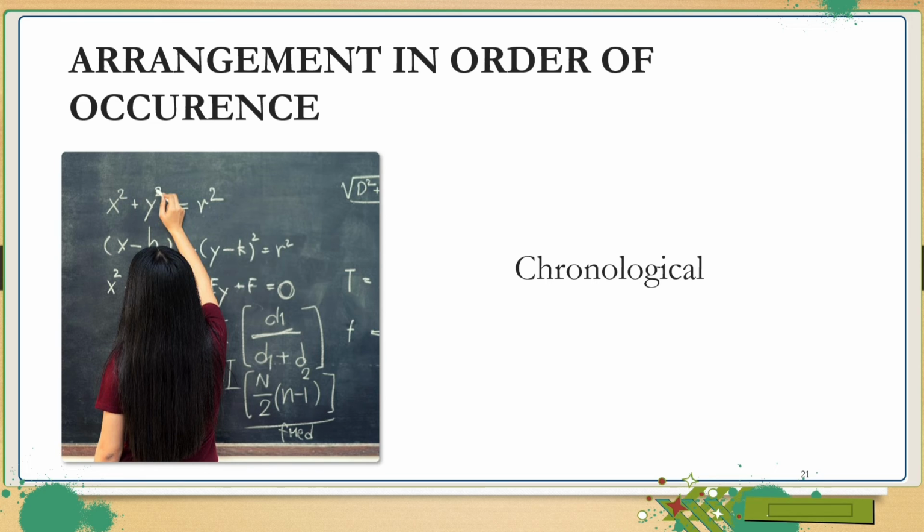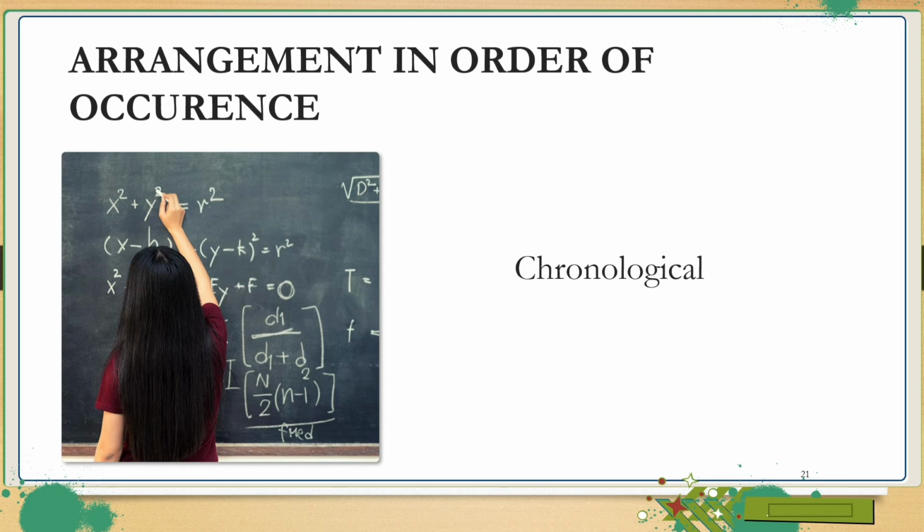So next time, whenever you study your history books and there is a sequence of events in a particular order, then you can mention that sequence as chronological if it is basically related to time, or like when and where it happened. So it is basically an arrangement in order of occurrence.